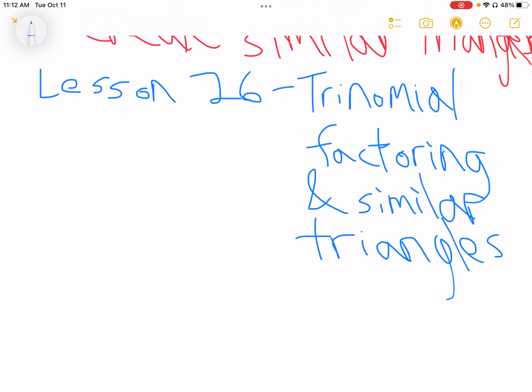Actually, let's go ahead and write out a couple steps here. Number one, we're going to set up our trinomial.